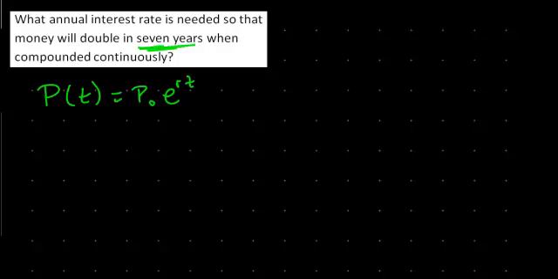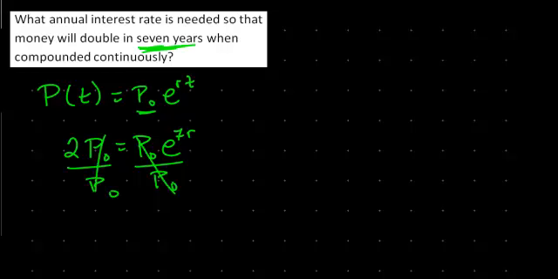If our initial amount is P naught, when it doubles we have 2 times P naught equals P naught e to the, and we know we're in 7 years, so t is going to be 7, times r. Okay, divide out by the P naughts.